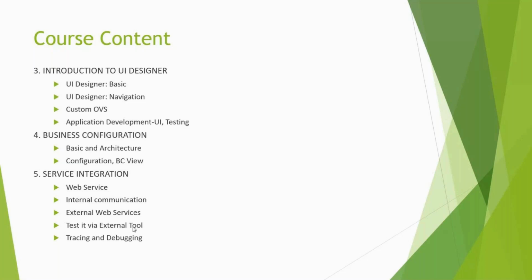And then we have the external web service, like if we want to consume any web service or REST APIs which the external systems are exposing, we have to go with the external web service integration. And then we will test it via an external tool, like maybe SOAP UI or Postman, and then the tracing and debugging of a solution. These things we will cover in this course.